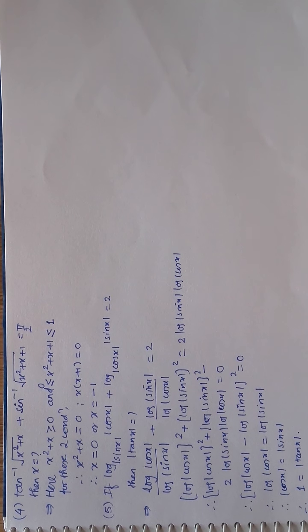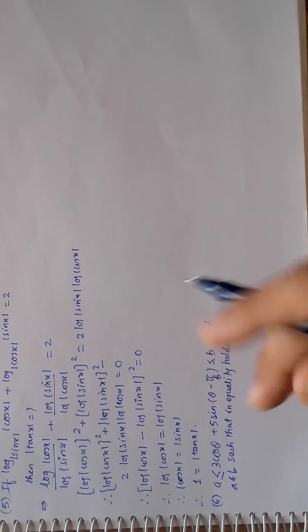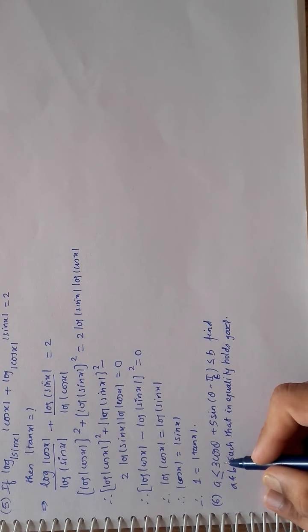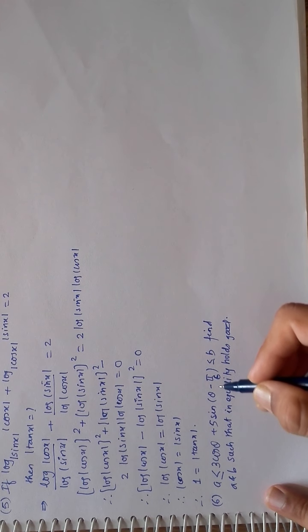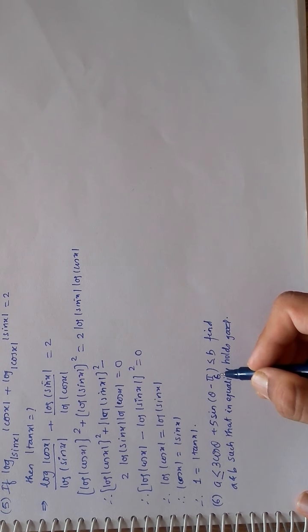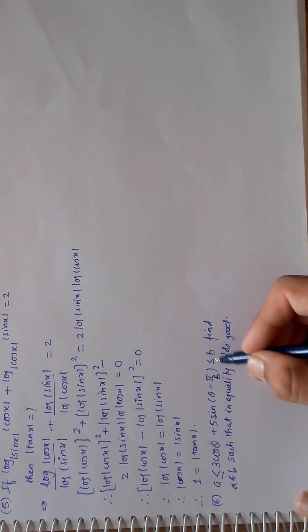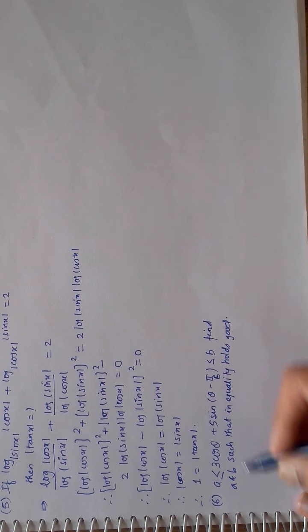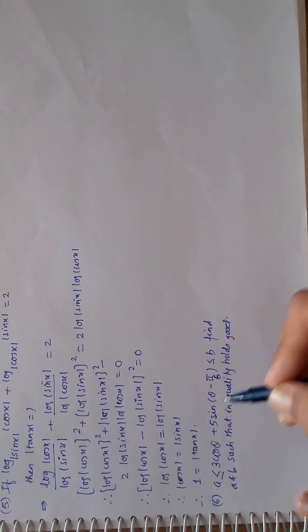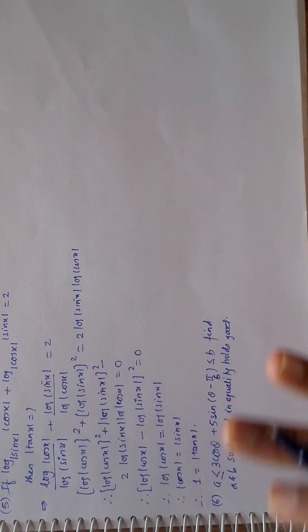Let us continue further. Question reads, 3 cos theta plus 5 sin of theta minus pi by 6 is greater than or equal to a but less than or equal to b. You have to find the value of a and b such that this inequality must hold true.